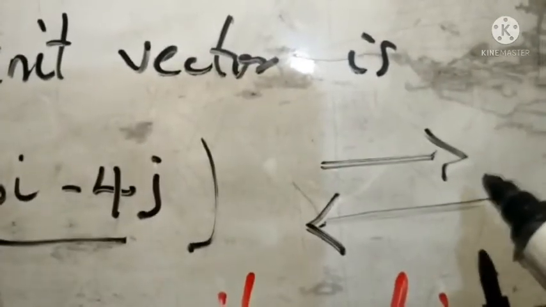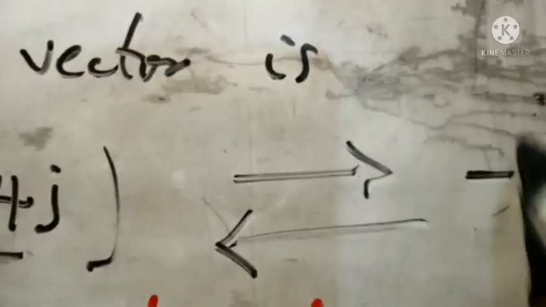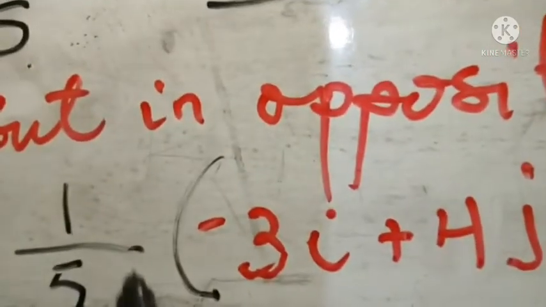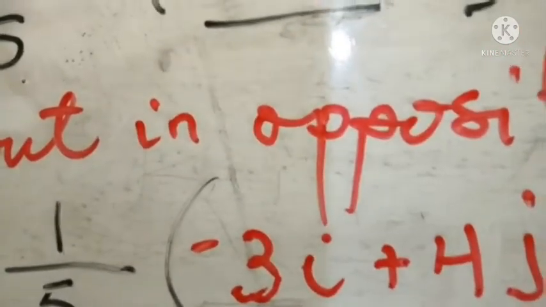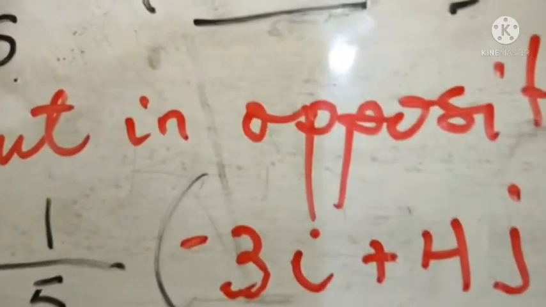So mathematically, this is what we use to represent that one of you is moving in the opposite direction, which is the negative symbol. Is that okay? So when you say one vector is moving in the negative direction, you just have to negate or put a negative in front of the one that is moving in the opposite direction. So this is what we are having as the resultant vector.